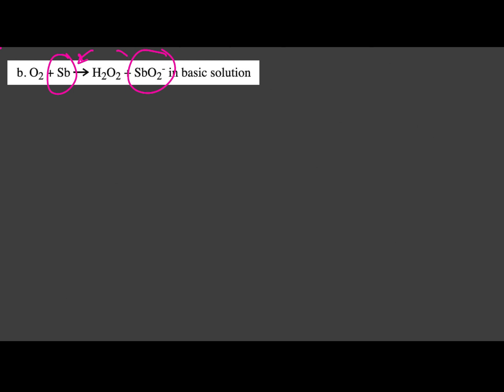I can see that SbO2- and Sb look similar because Sb is there, so this is going to be my first half reaction: Sb makes SbO2-. My second half reaction is going to be with the other two compounds: O2 is going to make HO2-. Oh, no, minus sign there. Okay, now that we've gotten that, we move on to the next step.